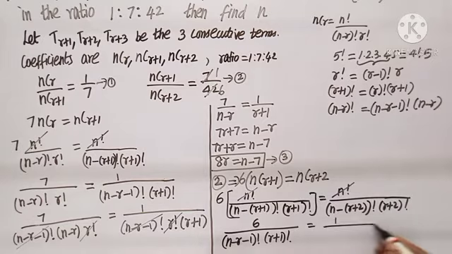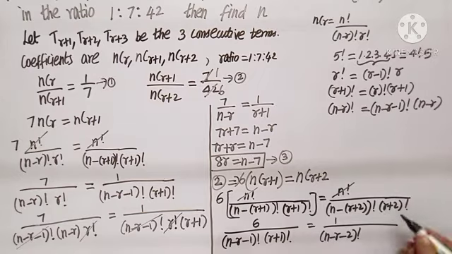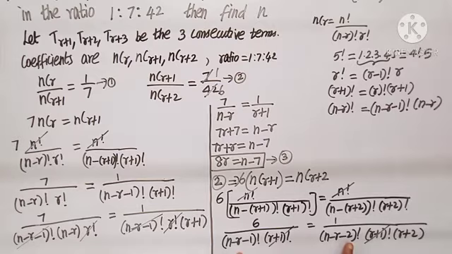Here 1 by (n minus r minus 2) factorial. r plus 2 I can write (r plus 1) factorial into (r plus 2). So cancelling (r plus 1) factorial. Now these two, which is bigger? (n minus r minus 2) or (n minus r minus 1)? (n minus r minus 1) is bigger. So rewrite this.